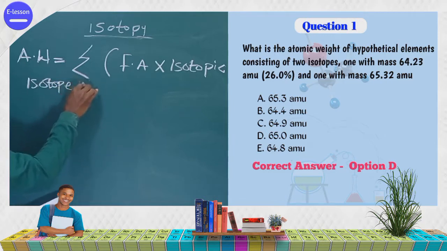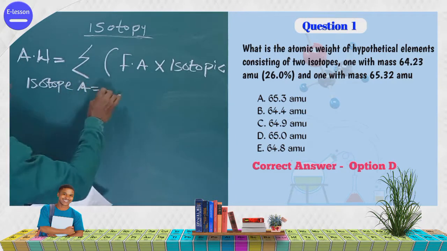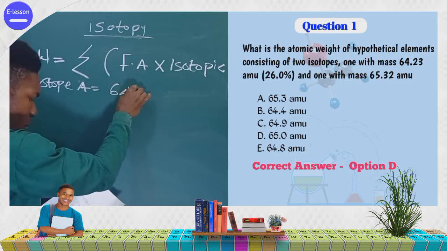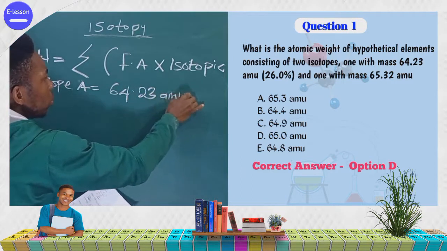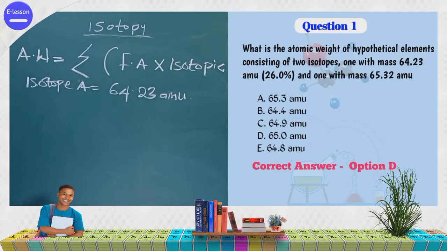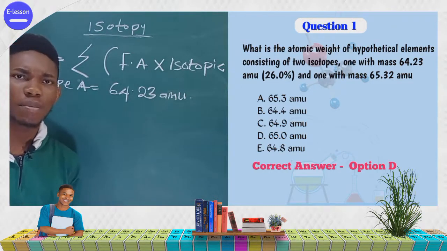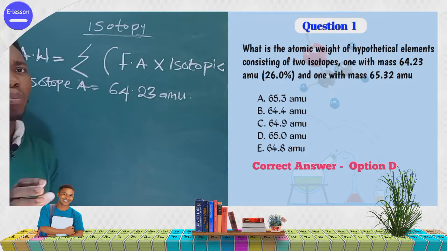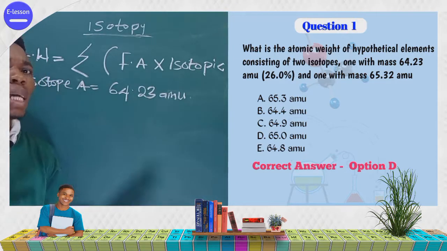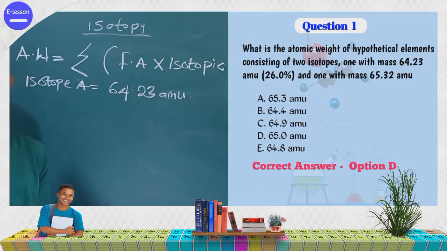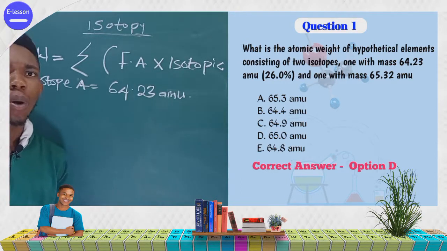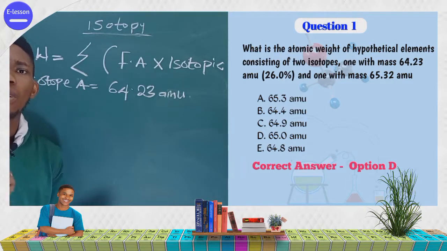So isotope A has a mass of 64.23 AMU. When they say hypothetical element, it means any element that is experimental. We are not considering a particular element, we are assuming an experimental element. We are not saying this is for hydrogen or any particular atom. That's why we say hypothetical.